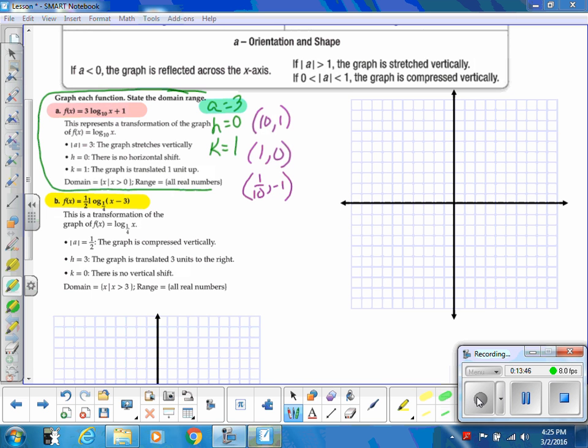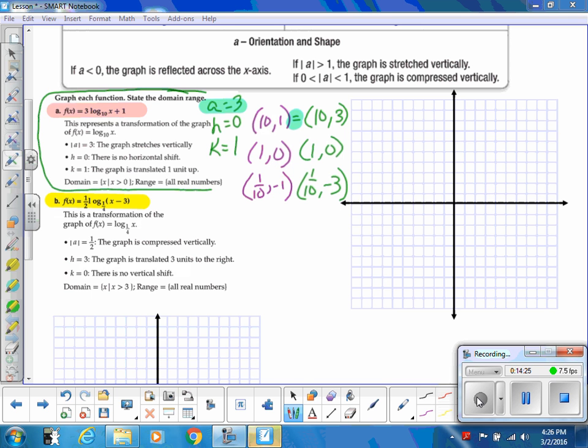Remember, A is a stretch. It always multiplies to your vertical move or your vertical number, which would be my y. So I need to take 3 and multiply it to each one of these y values. So if I multiply 3 to it, this now becomes 10, 3, 1, 0, 1 over 10, negative 3, doesn't it? I took my vertical stretch, my A value, and I multiplied it to each one of my y values.